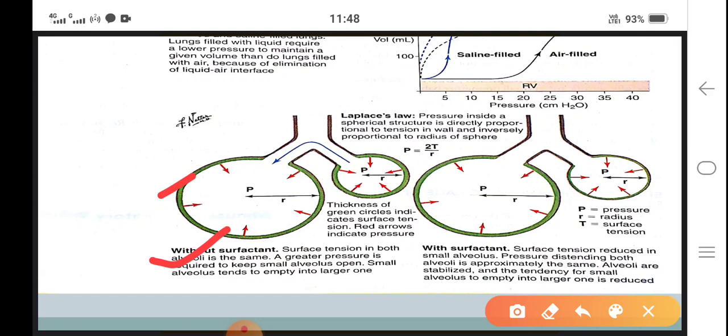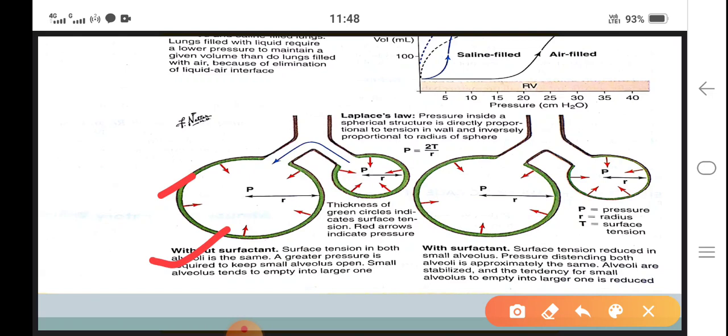It is secreted by special surfactant-secreting epithelial cells called type 2 alveolar epithelial cells, which constitute about 10% of the surface area of the alveoli. These cells are glandular, containing lipid inclusions that are secreted in the surfactant into the alveoli.